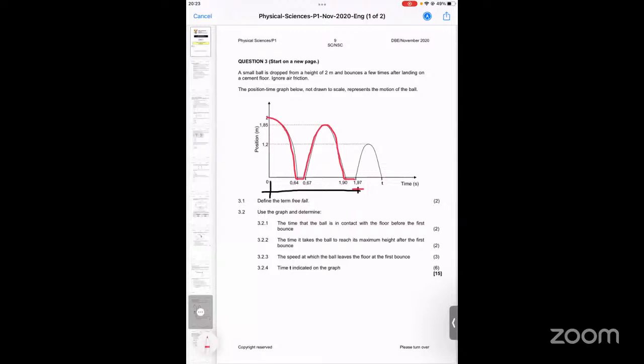So what we are now trying to figure out is how long it will then take to make the last bounce. If it takes 0.5, then in total it would have taken that 1.97 plus the 0.5, and then you know the total time it took to do all of that.